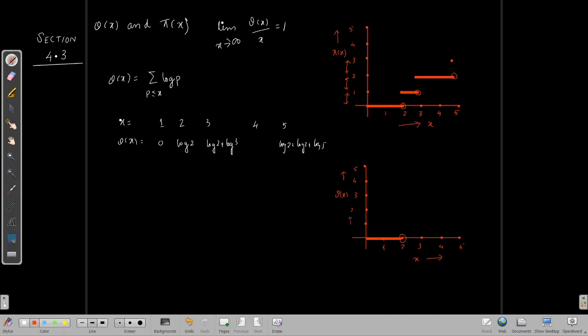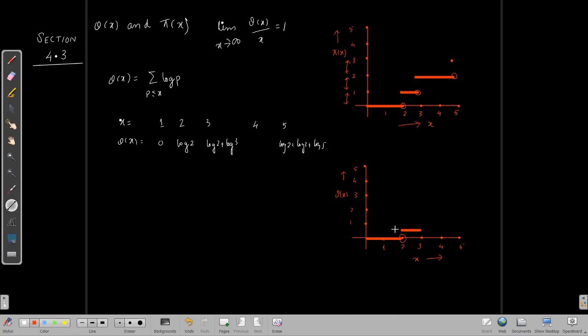Log 2 is always less than 1, so we have some value less than 1 over here, up to the point 3. So up to this 3, we have this step function.